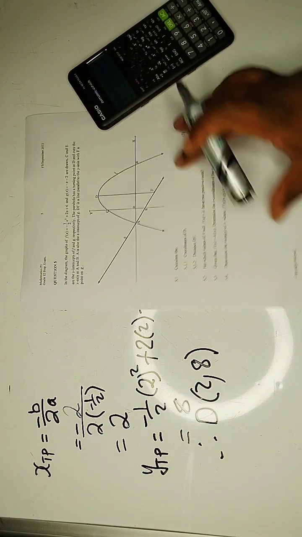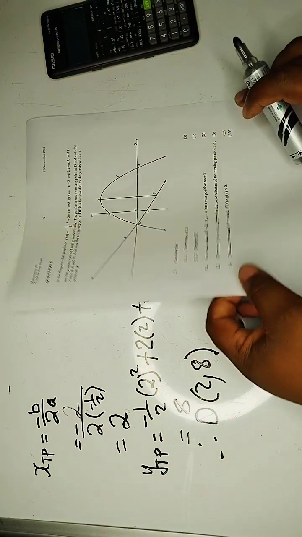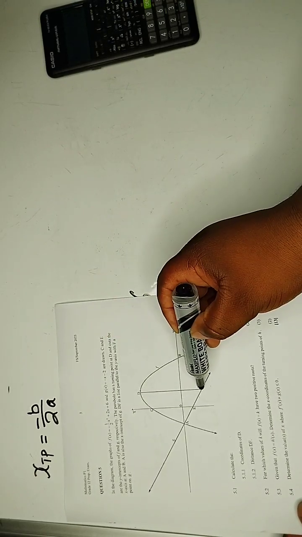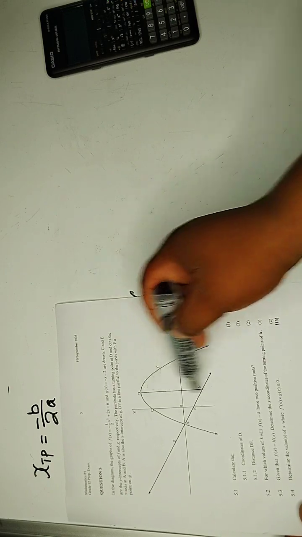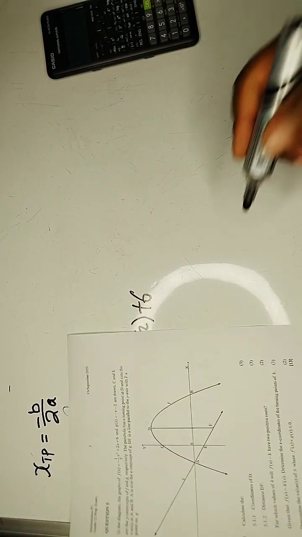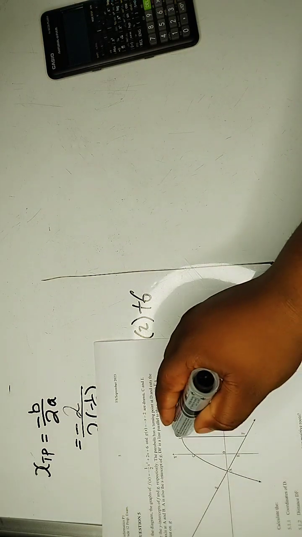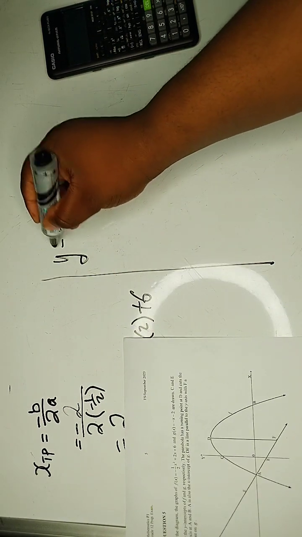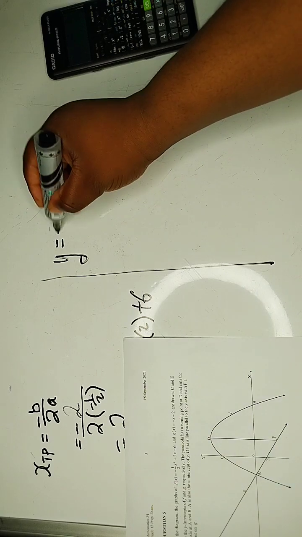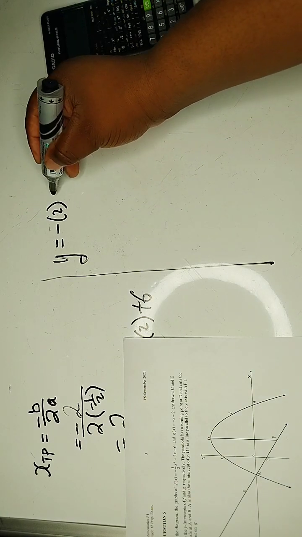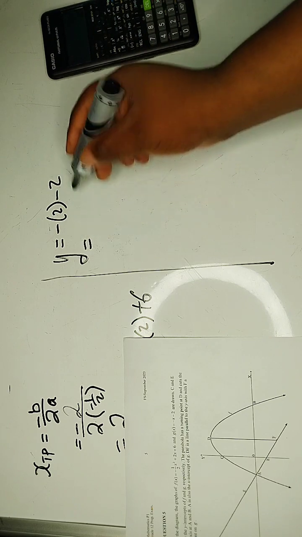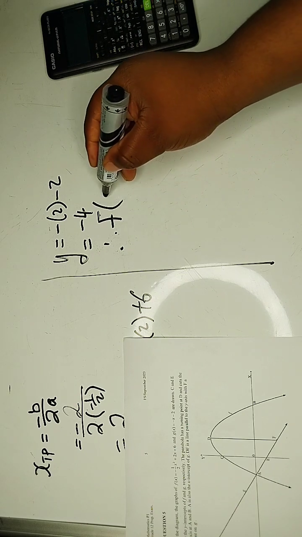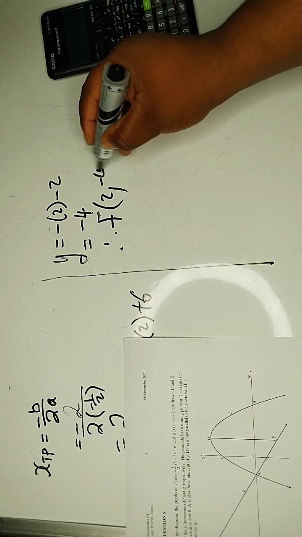Okay, now they said calculate the distance of DF. I know the y here, I must know the y here, but they are sharing the x-axis. Since they are sharing the x-axis, I know that in F, my x is 2. So hence I will say y is equal to, using the g, negative x minus 2, which is negative 4. Therefore, the coordinate of F will be (2; negative 4).